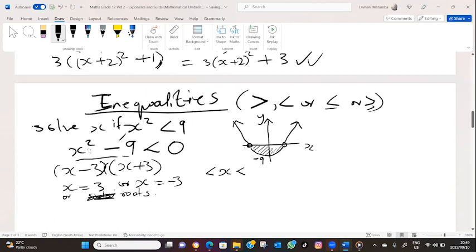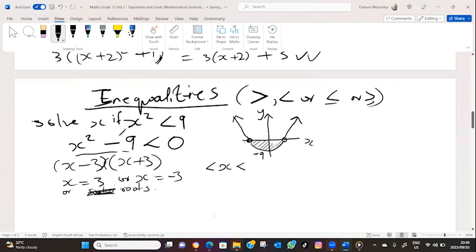But however, this is not the solution. The solution is, we just want to know what that value is. It means this value will be minus 3 and this one will be 3. So x is between minus 3 and 3. This is where it is.